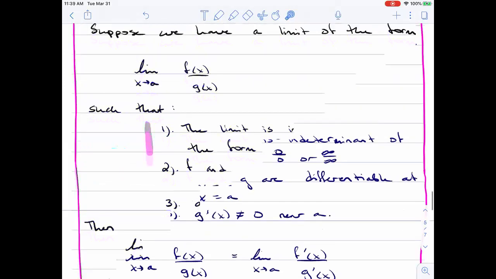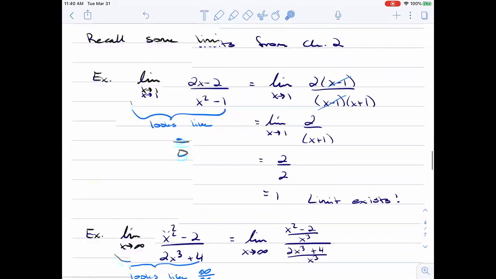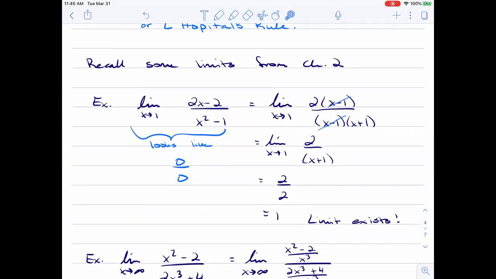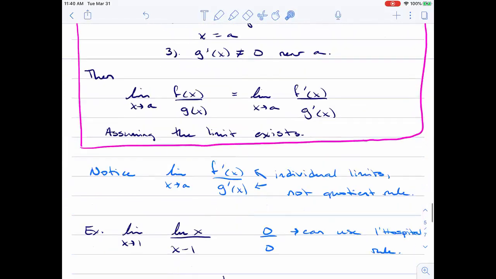Let's see here. 2x minus 2 over x squared minus 1. Yeah, that's the same one. So here we went through and we showed that the limit should be 1. Okay, so we know it should be 1.